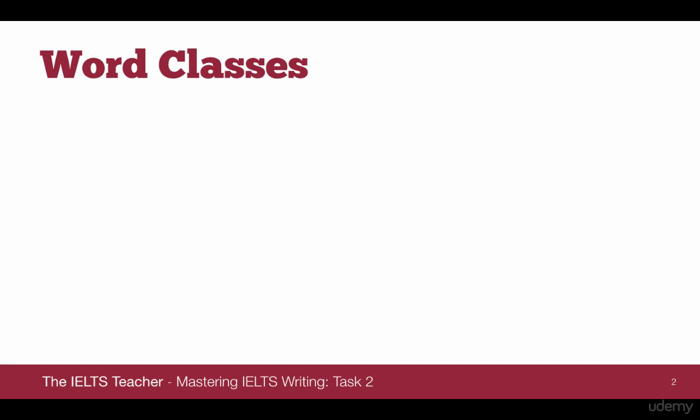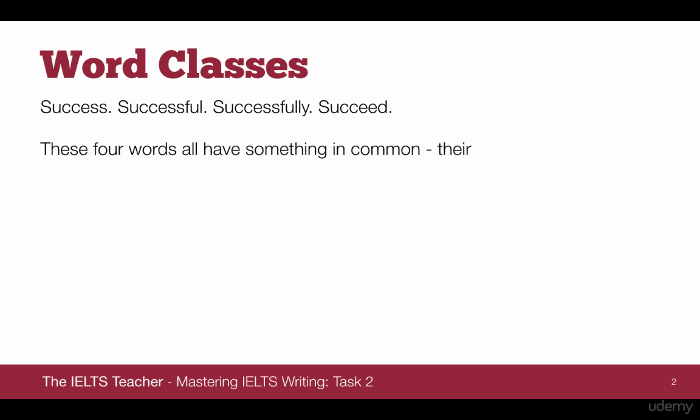So first of all, word classes. Let's look at those words again. Success, successful, successfully, succeed. What do you notice about these words? Well, hopefully you realize that each of these words has their root, which is success, in common, but they all vary in their form, in their class.